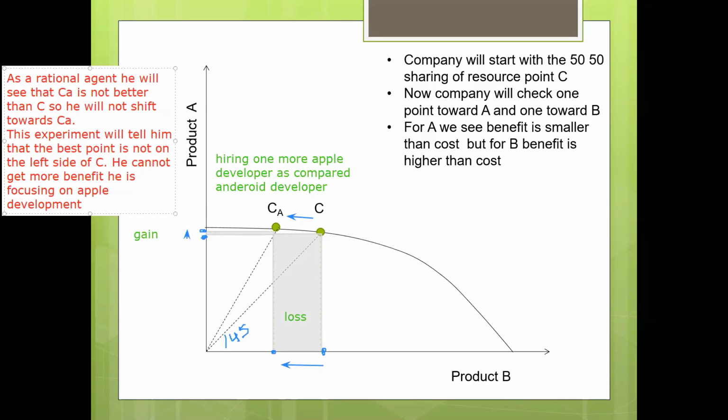If he focuses on Apple development, he cannot get more benefit. Why? Because the resources available for Apple are not that good.